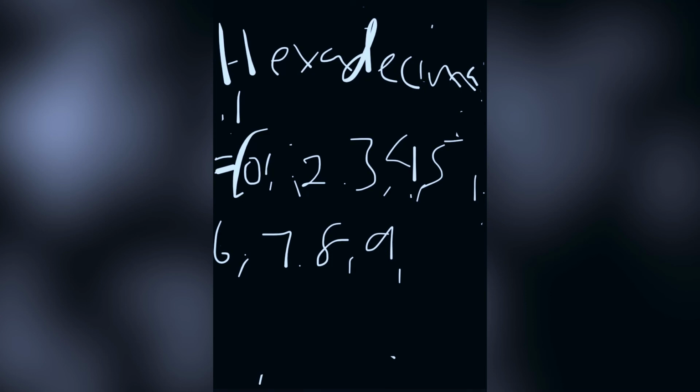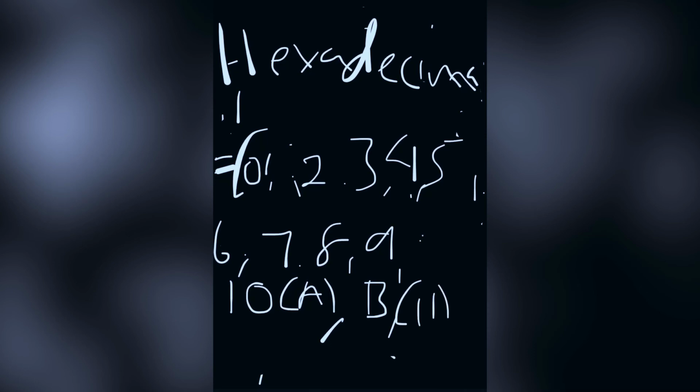Those are 10 digits, all numbers, making them the numbers of decimal. Then let's also write the letters of hexa. You must make sure that you make them up to 16.